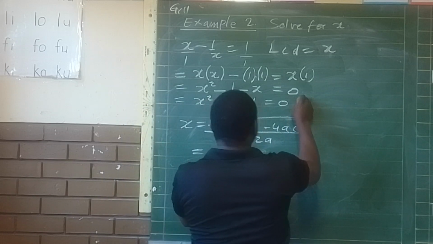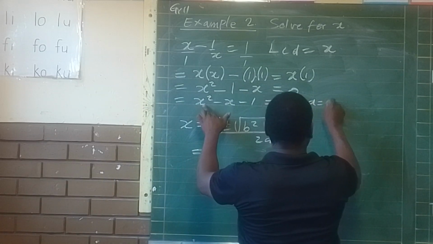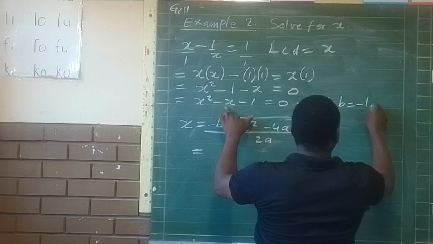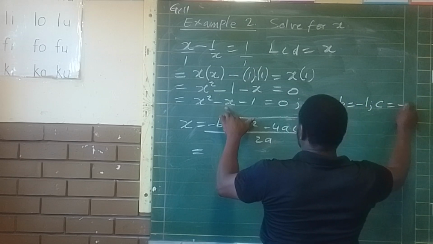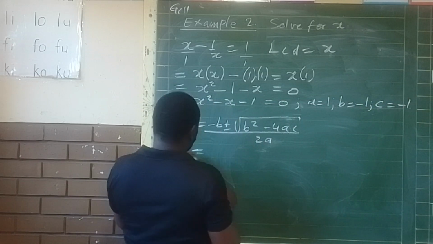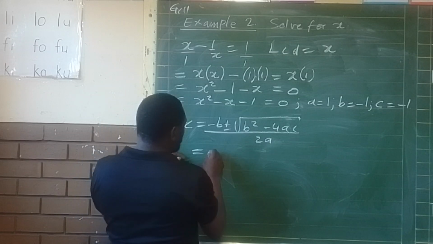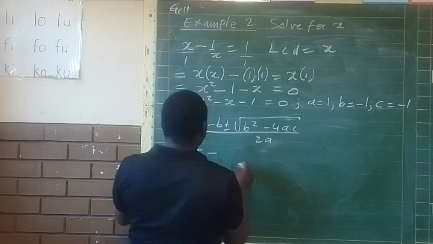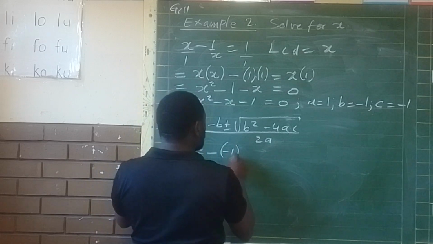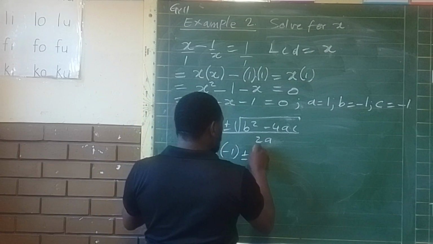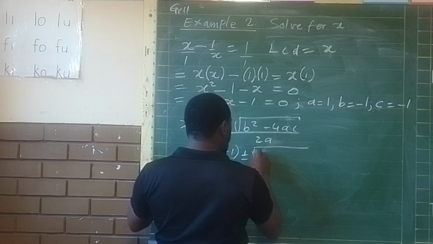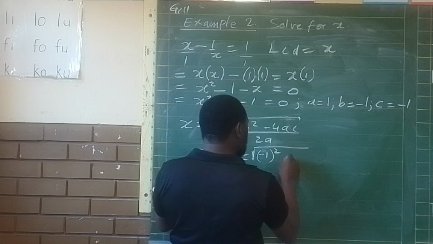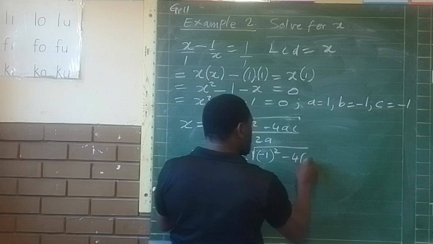Here in this case, our a is 1, our b is minus 1, our c is minus 1. X is equals to minus b, your b is minus 1 into minus 1, plus minus the square root of b squared, minus 1 squared, minus 4a.